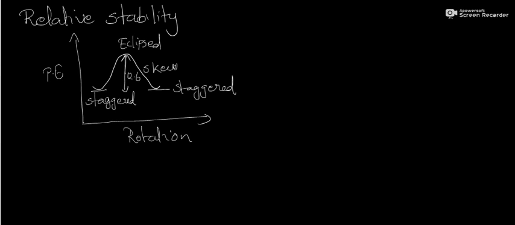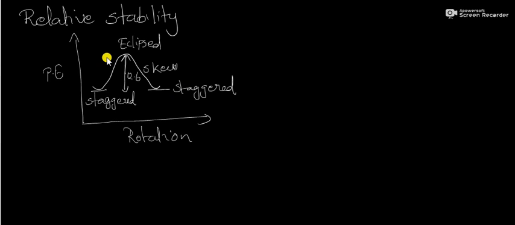Now we have to consider the stability of staggered and eclipsed conformation of ethane. We know that staggered conformation of ethane is more stable than eclipsed conformation. Why? In the case of staggered conformation, the hydrogen atoms on the two carbons are situated at maximum possible distances apart. While in the case of eclipsed conformation, the hydrogen atoms on the two carbons are as close to each other as possible.